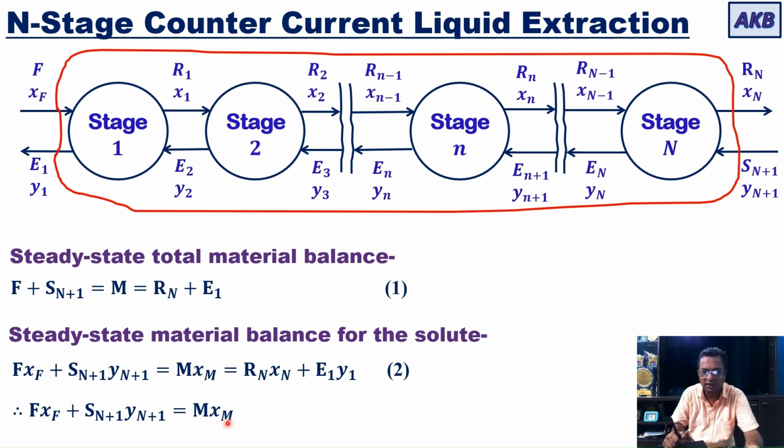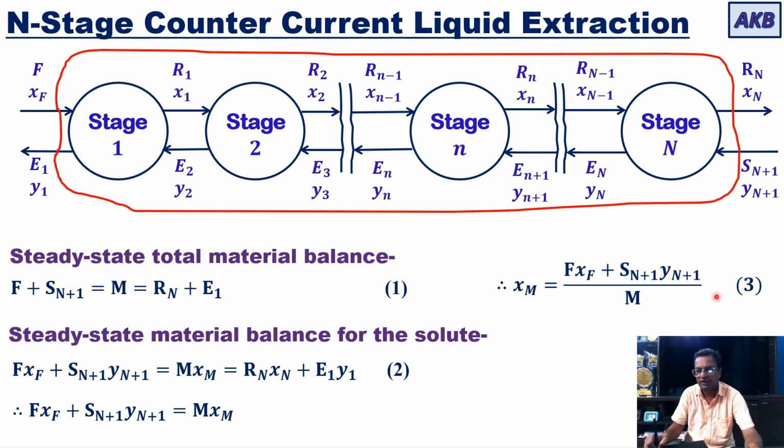So from this equation, Xm will be equal to F Xf plus Sn plus 1 into Yn plus 1 divided by M. This is equation number 3. Equation number 3 I can use to find out Xm, which I will need for my calculations.